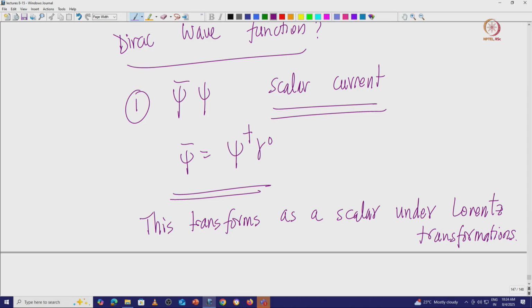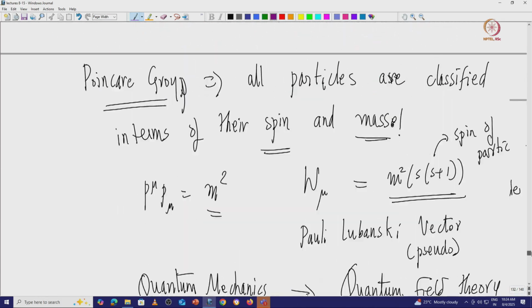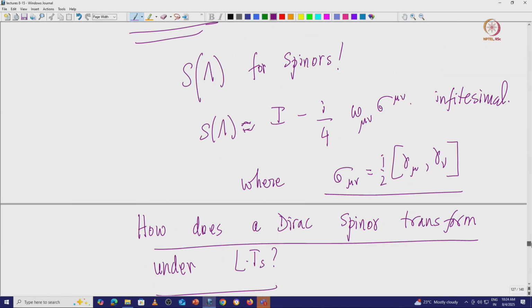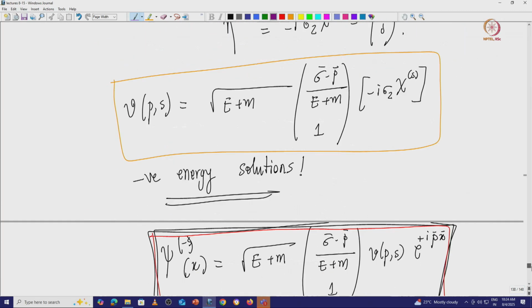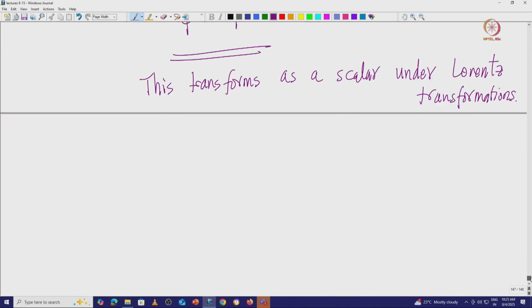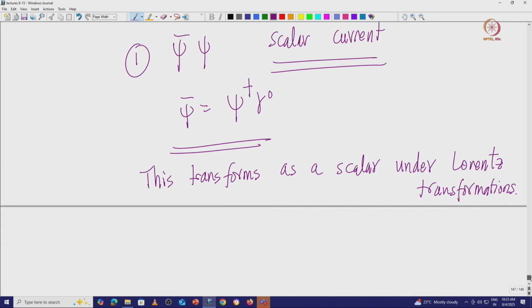How do you know that? Because this transforms as a scalar. One way is to explicitly look at how psi transforms under Lorentz transformations and how psi bar transforms, and you see that the Lorentz transformations cancel.